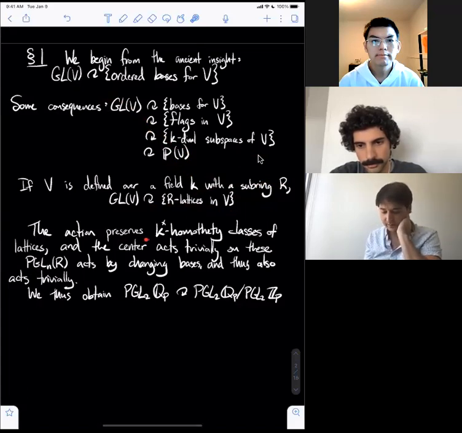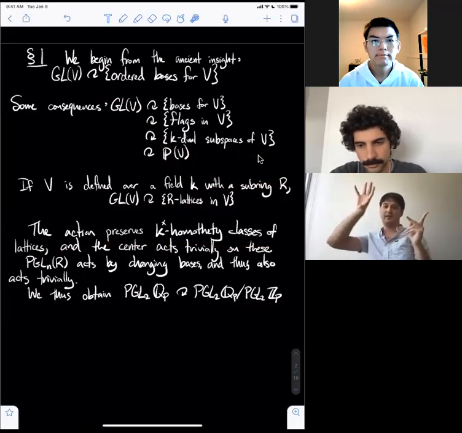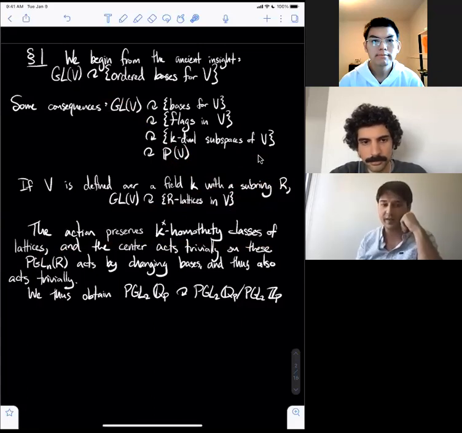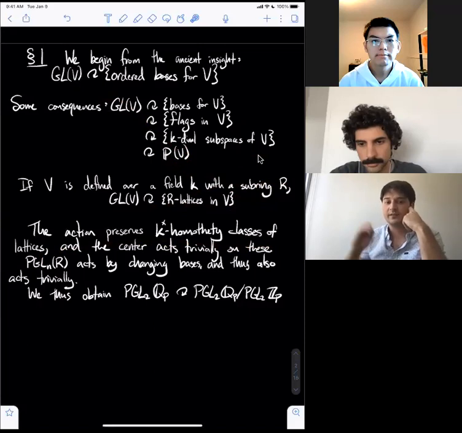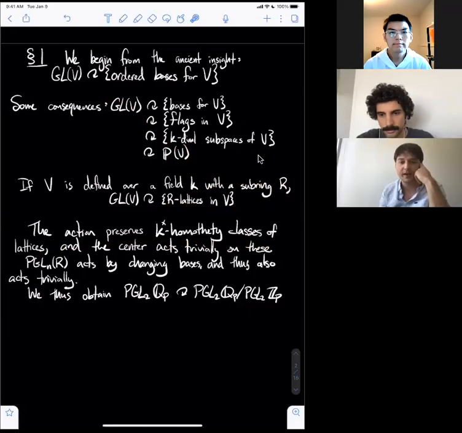And so the action preserves these homothety classes of lattices, right? Take one lattice, hit it with an element of GL(V), a scaled version of this maps to a scaled version of that. I'm saying it commutes with the center, really. And so the center acts trivially on the homothety classes. And since we're looking at R-lattices, maybe choosing coordinates, we get an action of PGL_N(R) by changing bases, and this then acts trivially on the R-lattice.